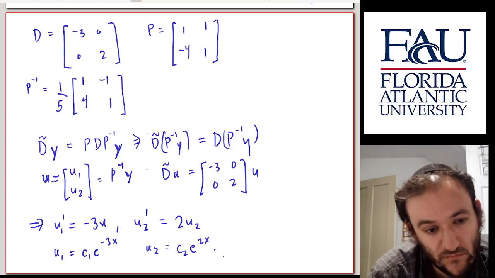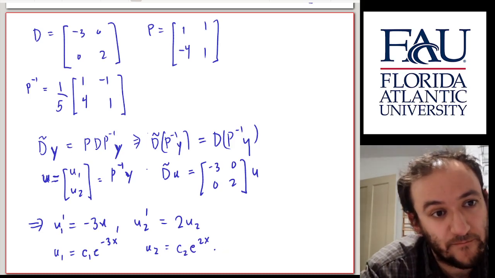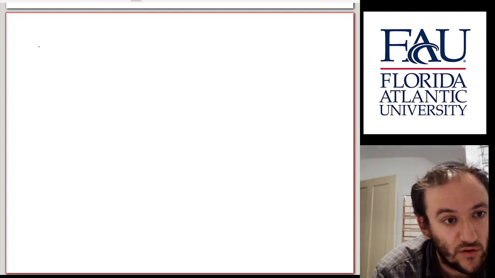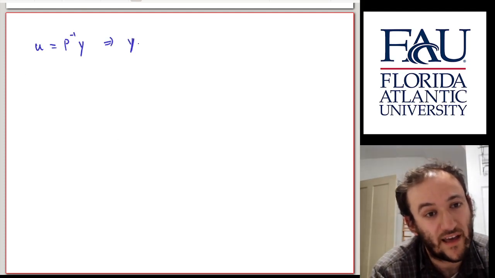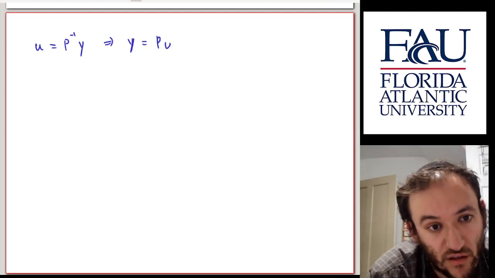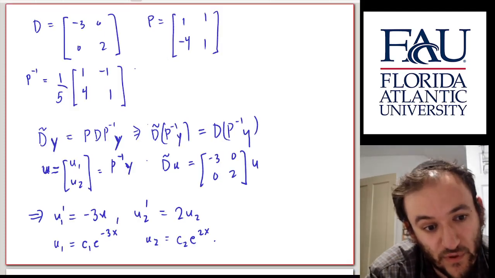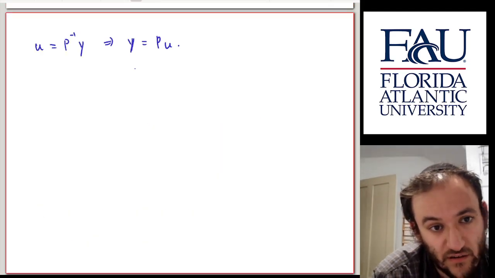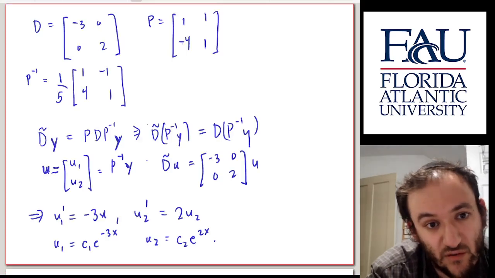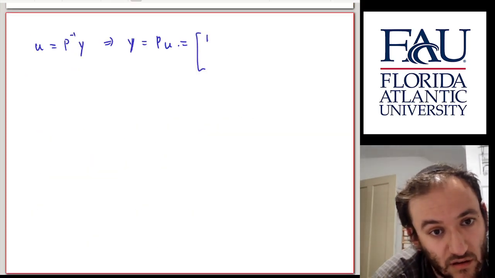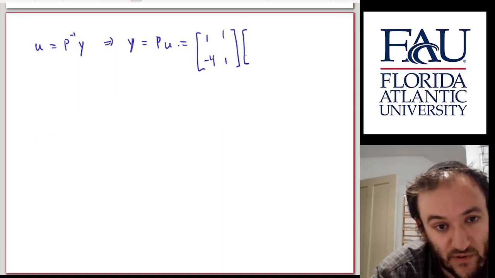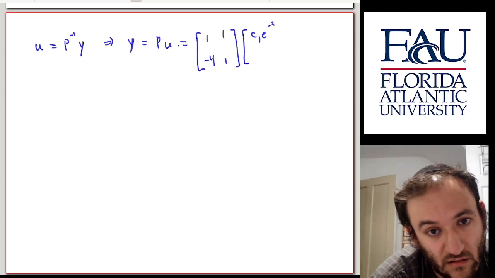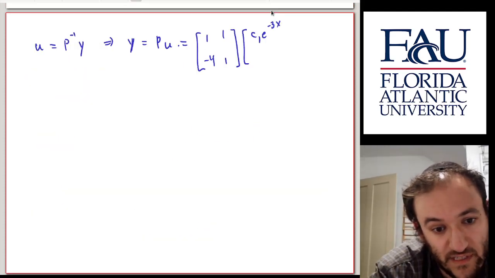Okay. And now we just need to solve for y. So if u equals P inverse y, that means that y is equal to P u. First let's get P. P was (1, minus 4, 1, 1). And u1 is c1 e to the minus 3x, and u2 is c2 e to the 2x.